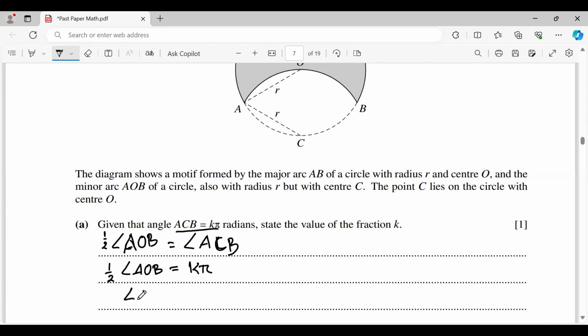So it means angle AOB equals 2 times K pi.